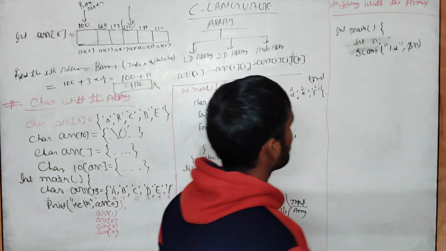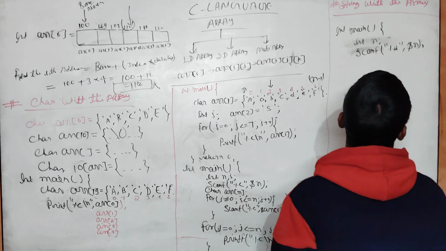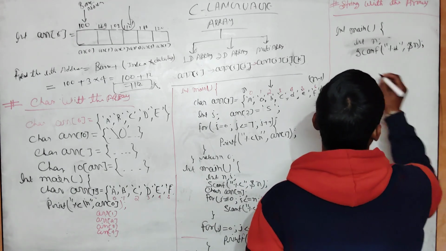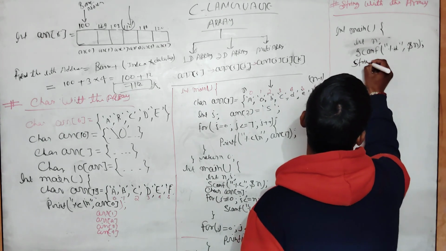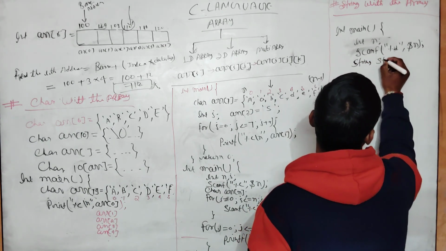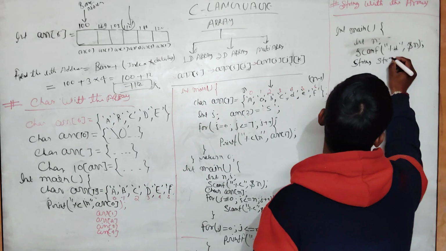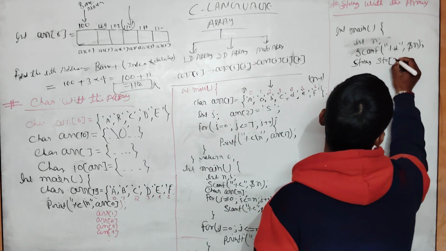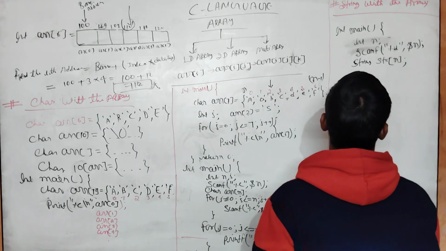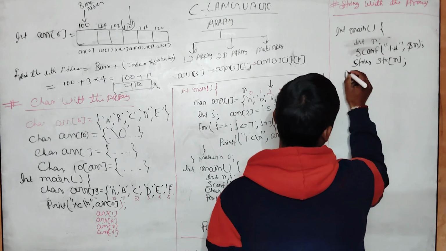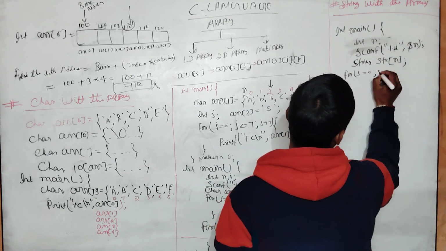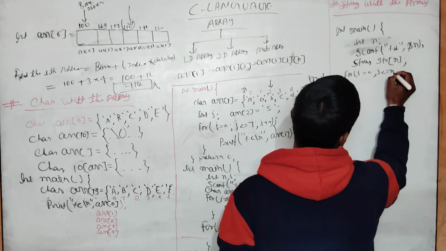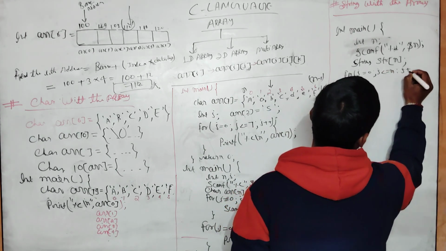Fine. And I am writing a scanf, and after that I will take one string array, str n. Okay, and after that I will use one for loop. For i is equal to 0, i less than or equal to n, i plus plus.